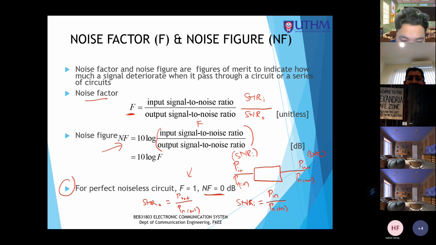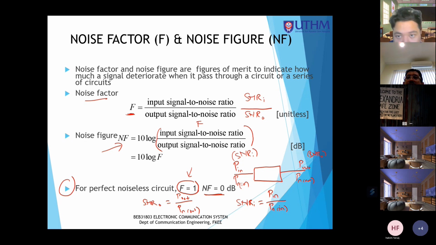So you see that ideally, we want the noise factor to be minimum towards 1. Okay, kita sebolehnya ingin noise factor itu sekecil yang mungkin menuju ke nilai 1. Sebab 1 adalah ideal case. F equal to 1 is the ideal case.